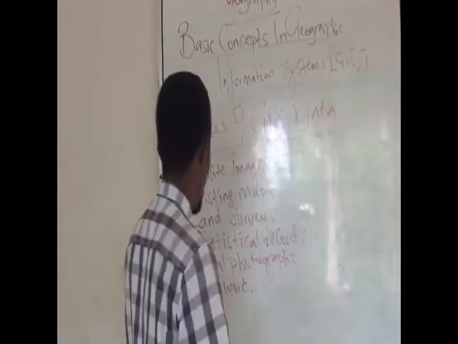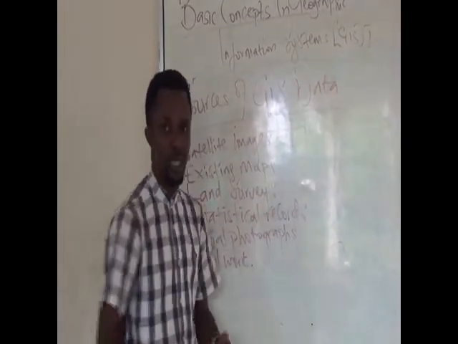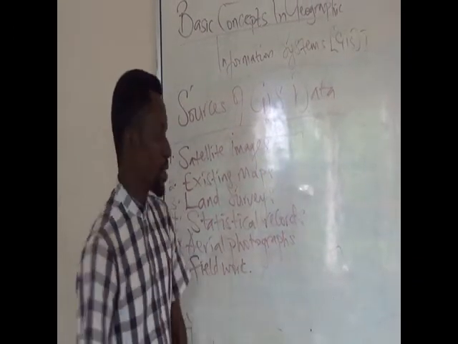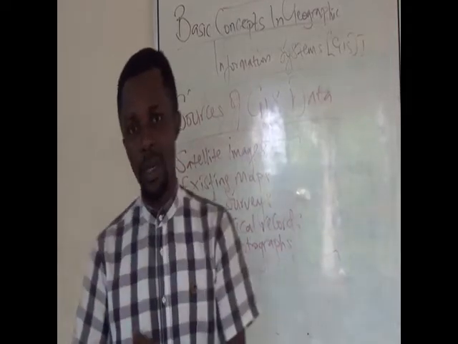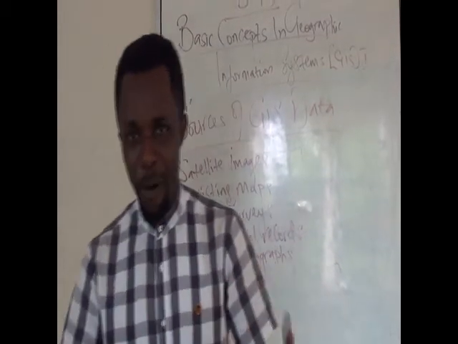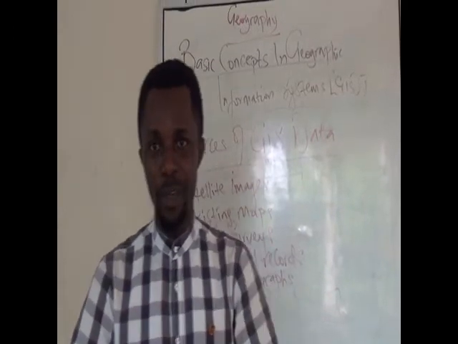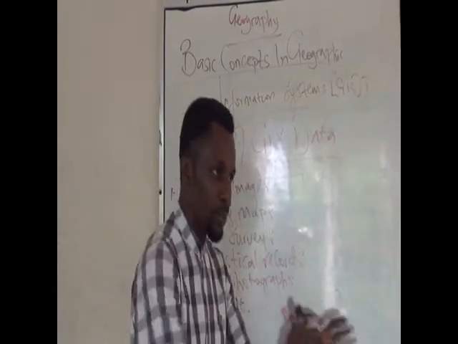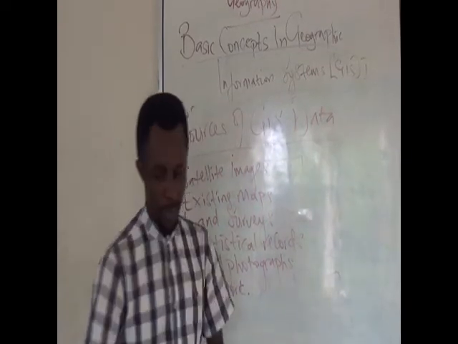Such picture is called aerial photograph. Such photographs can be fed into the system, processed and used as a GIS information. Then finally, field work. You can decide to go out there, carry out your own research work on areas, gather some geographic information on your own, process it in the system and use it to work as GIS.